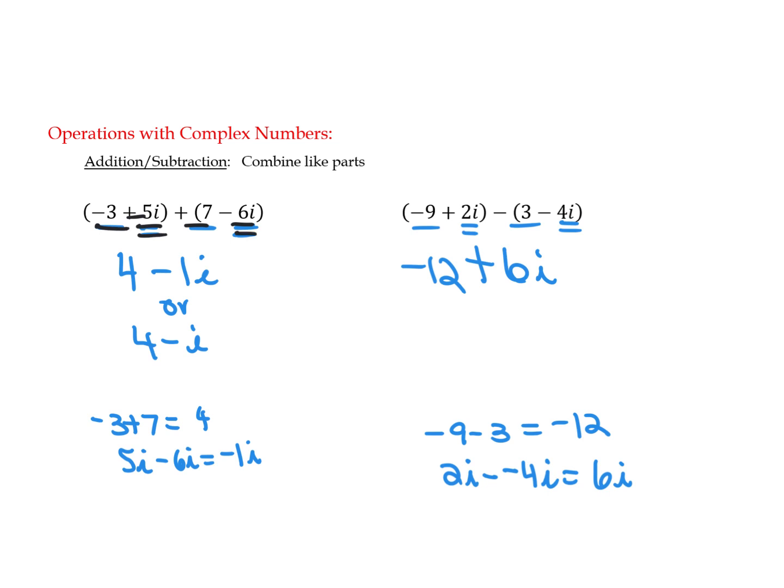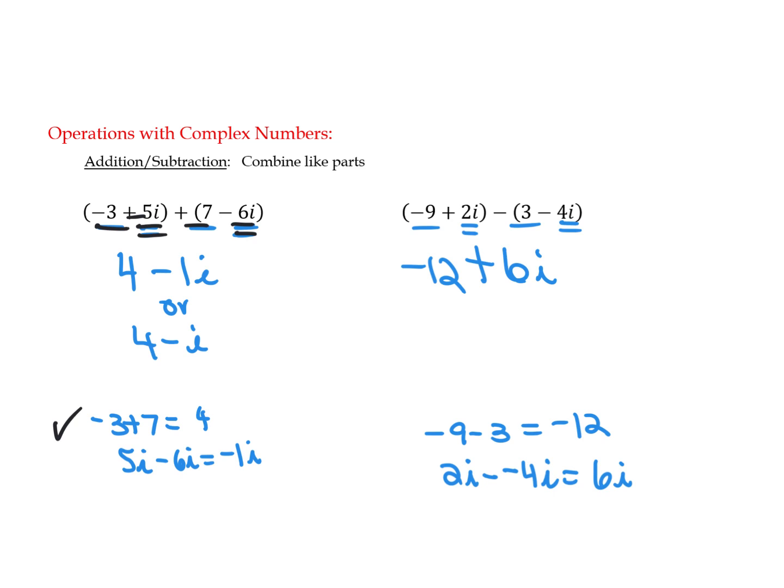So on Desmos, I'm going to type in -3 plus 7, which is going to give me 4 for the real part. I'm going to type in 5 minus 6, which is going to give me -1 for the imaginary part. So my answer is going to be 4 minus 1i, or we know normally we do not have ones in front. It would be written as 4 minus i.